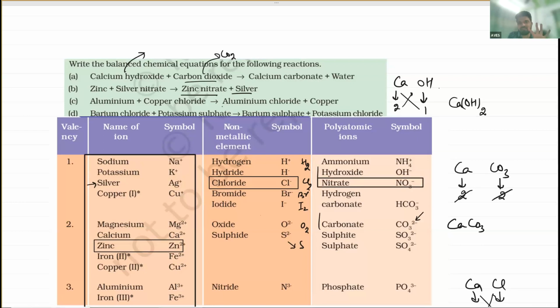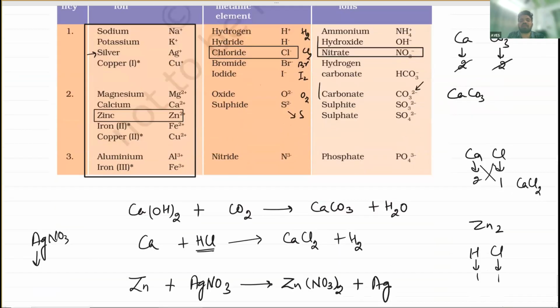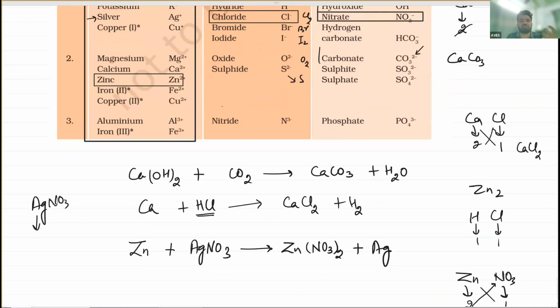It will be written alone, Ag. The elements will have charge only when they are combining with other elements, when they are making bonds. They don't have charge when they are written alone. And since Ag is a metal, it will not be written like hydrogen H2. No, it is not written as Ag2. It will be written simply. You understood? Yes, sir.